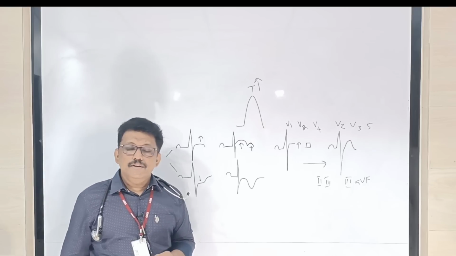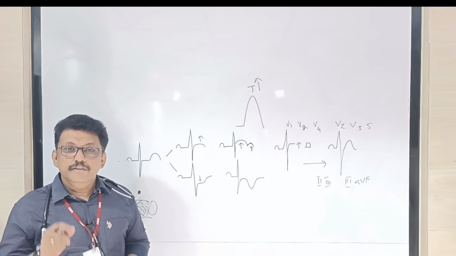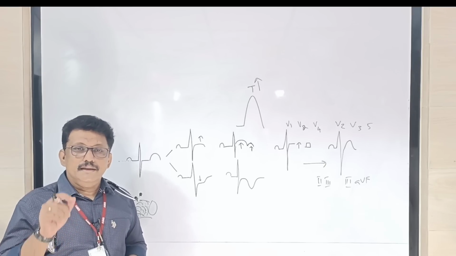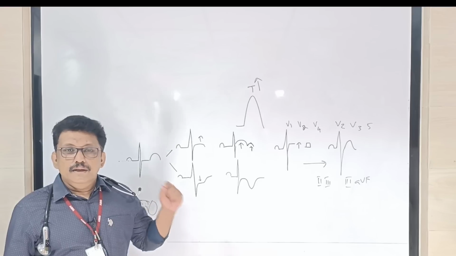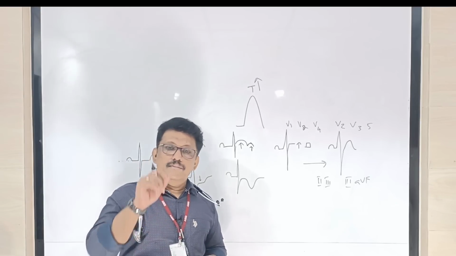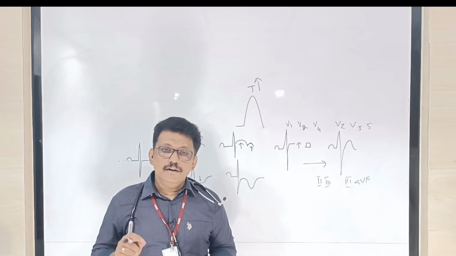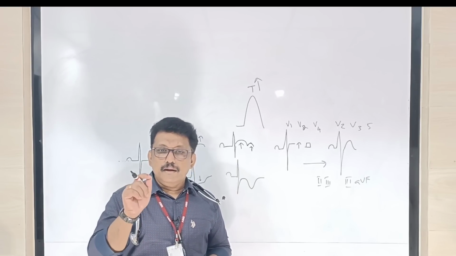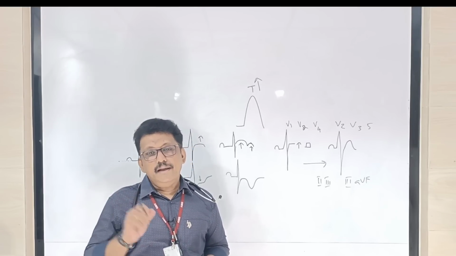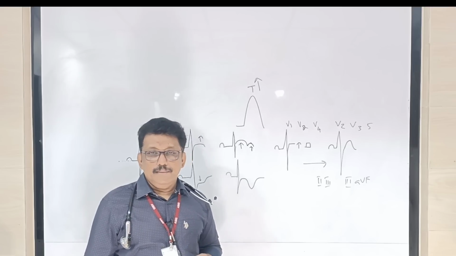But the patient is having severe chest pain. When we ask for troponin and CKMB, if they are elevated, then you can call it non-ST elevation MI. So we have two types of myocardial infarction: ST elevation MI and non-ST elevation MI. Whatever it is, it's a complete block of the coronaries and elevation in the cardiac enzymes.